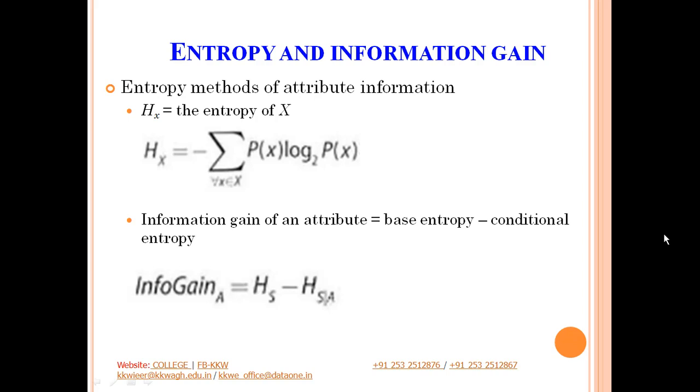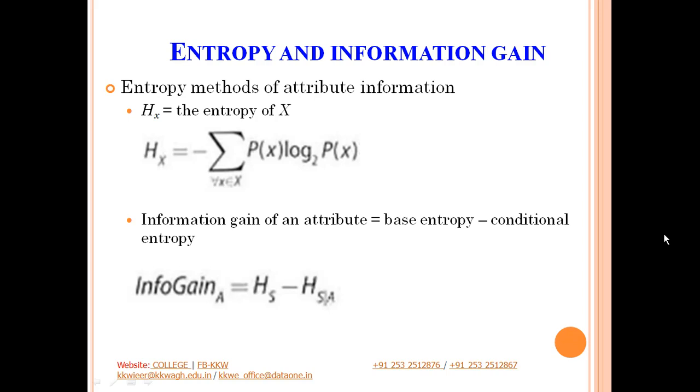Putting it in other words, base entropy is nothing but the entropy of the parent node in your decision tree, and conditional entropy is the entropy of the child node after the split. So that is information gain.